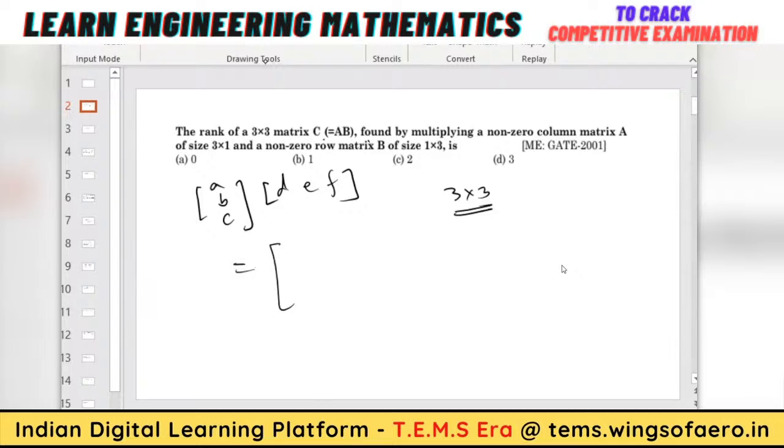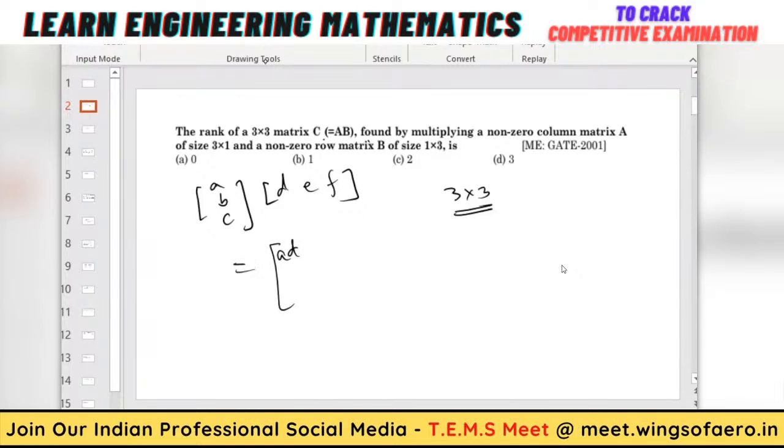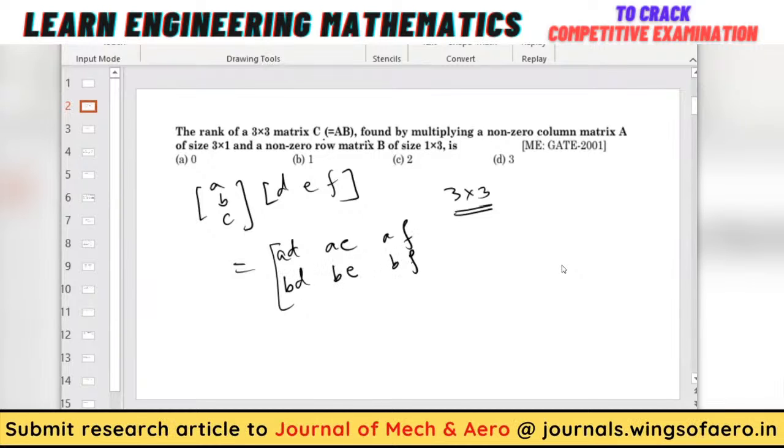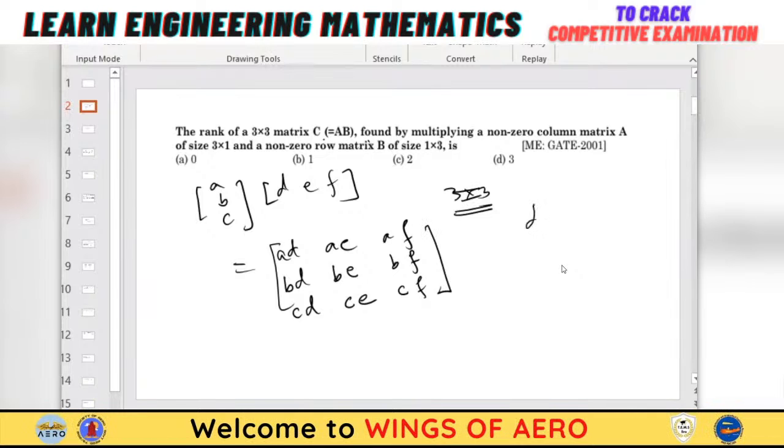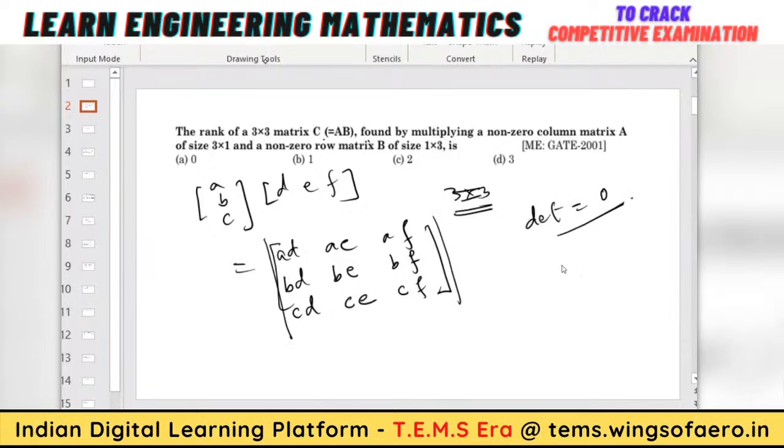If I multiply, this is AD, AE, AF, BD, BE, BF, CD, CE, CF. This is the matrix, and the whole 3 cross 3 determinant is equal to 0. So the rank must not be 3.